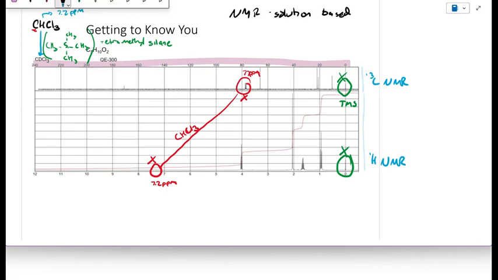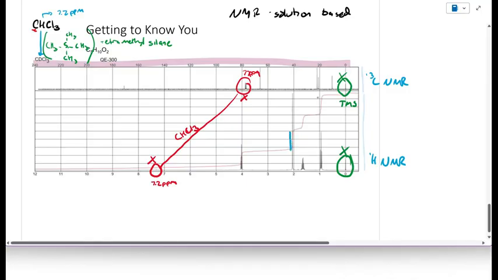We can do some eyeballing and some comparison. So when I look at this spectrum, I see that this line and this line are the same length. They're the same height. So however many hydrogens are represented by this signal would also be represented by the other signal.